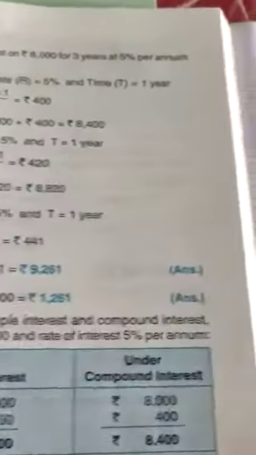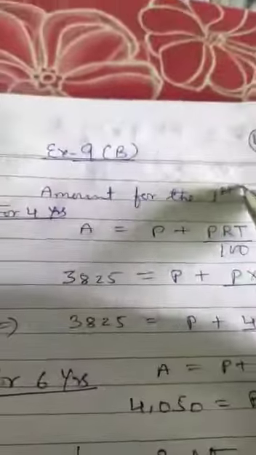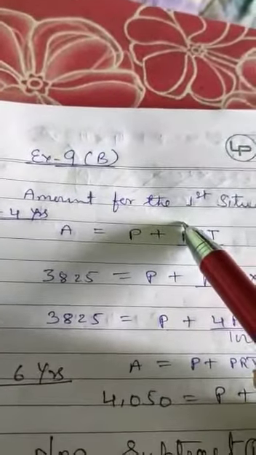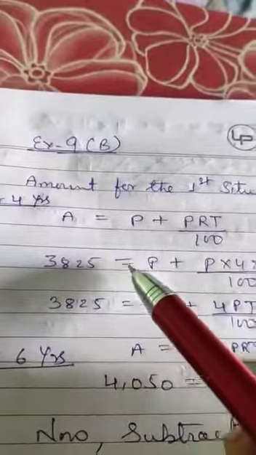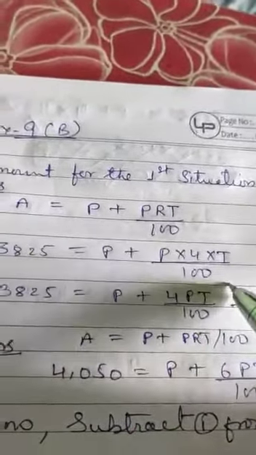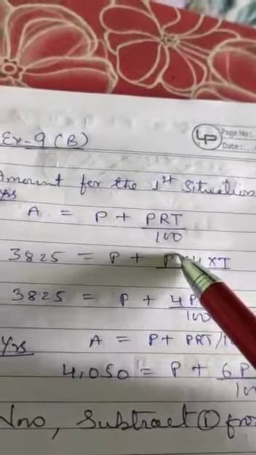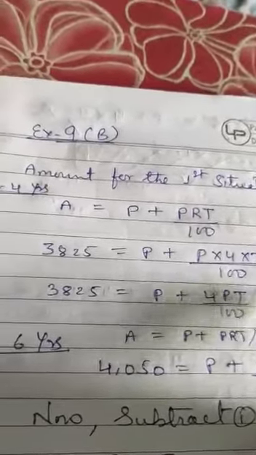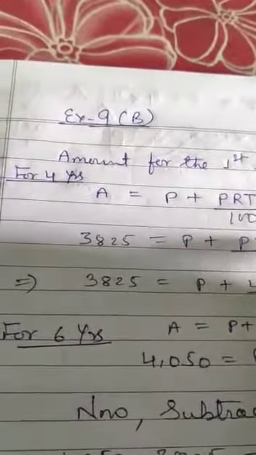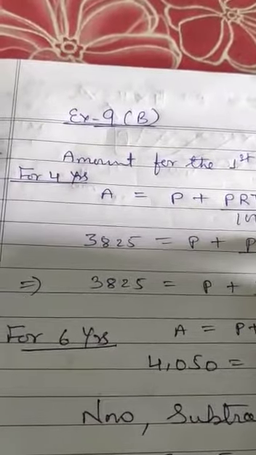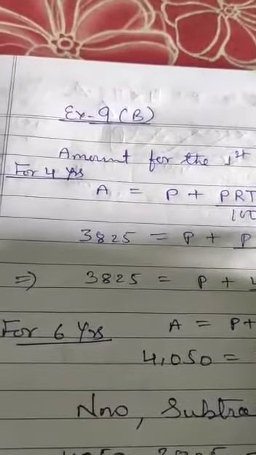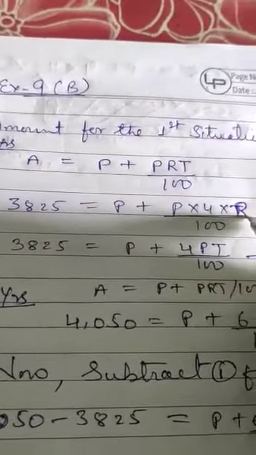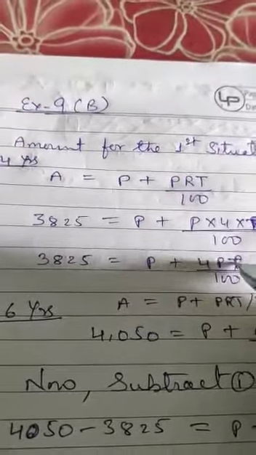Let's solve, children. For the first situation, 4 years, put in the formula: amount is given 3825, which is principal plus PRT by 100. We don't know R, we don't know P. So P plus 4PR by 100. Time is given as 4 years; by mistake I have written T here, it should be R. So 4PR by 100.